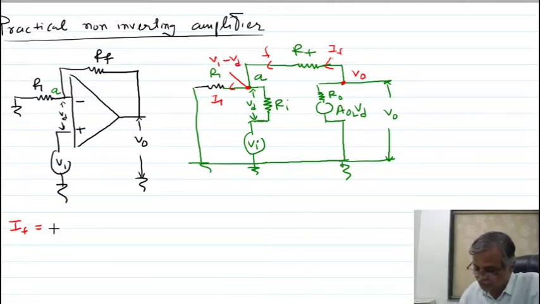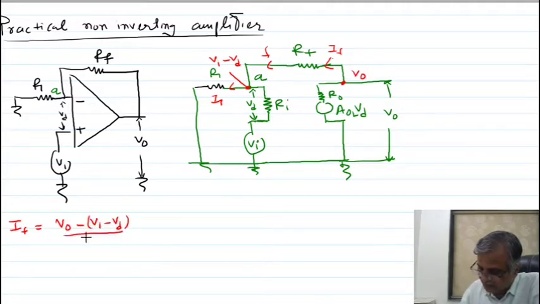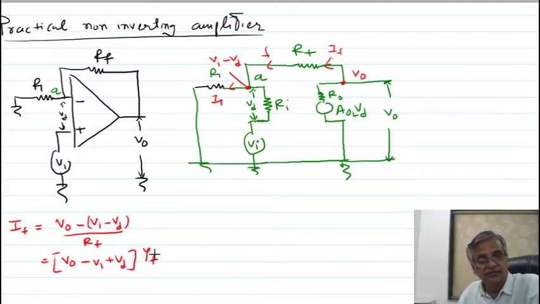So Vo minus Vi minus Vd upon resistor Rf. So I can write Vo minus Vi plus Vd into Yf, where 1 upon R is called admittance. So this is your admittance Yf.